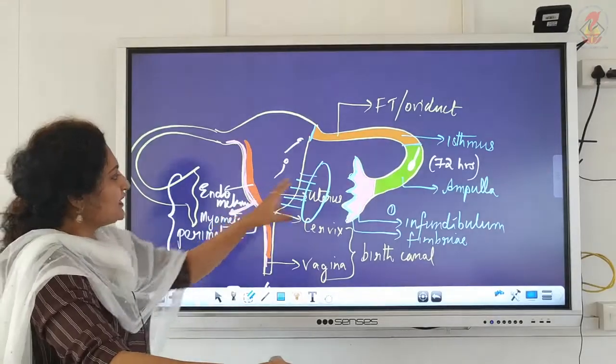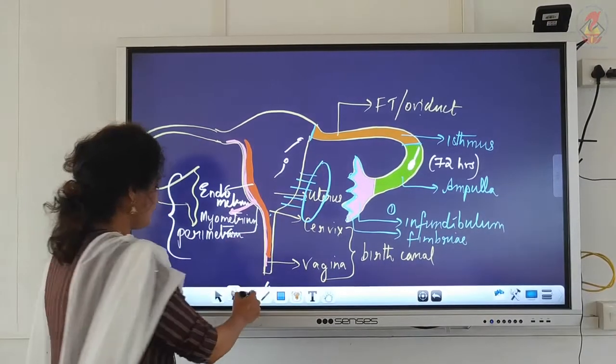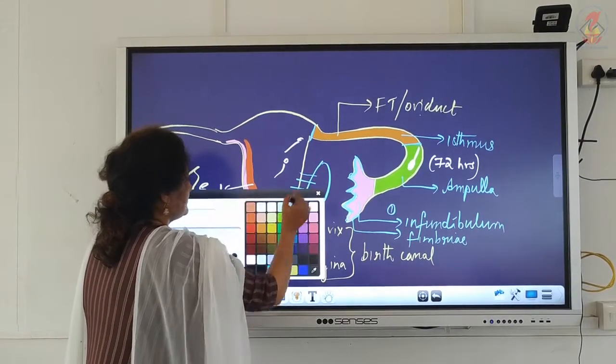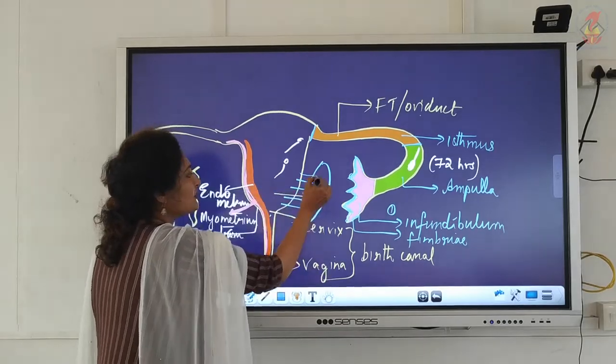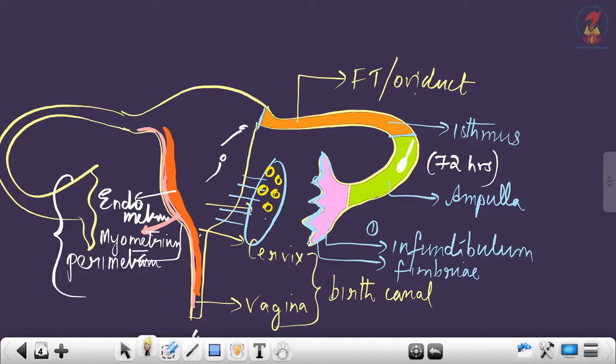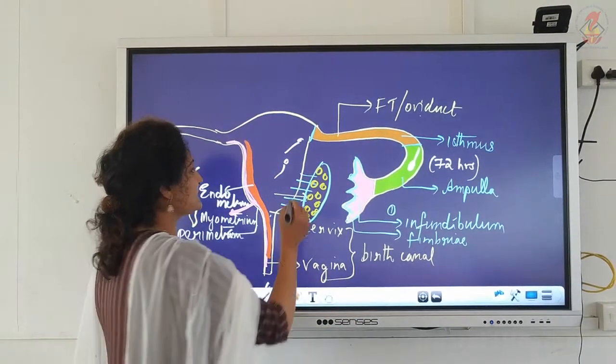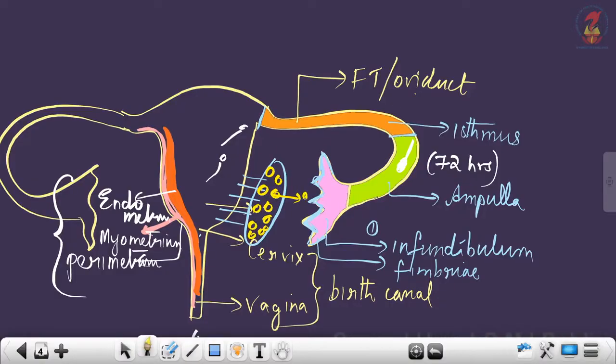Meanwhile, there is a release of eggs from the ovaries. See, the ovaries have the eggs at various stages of development, and by the process of ovulation, which we learn later, an egg is released. This egg is captured by the fimbriae.